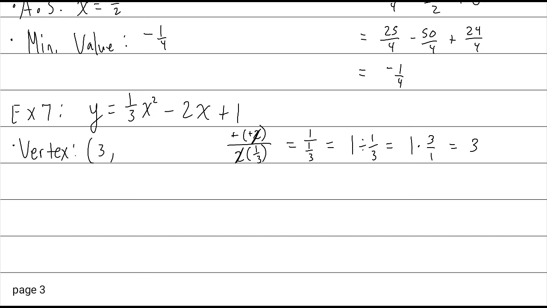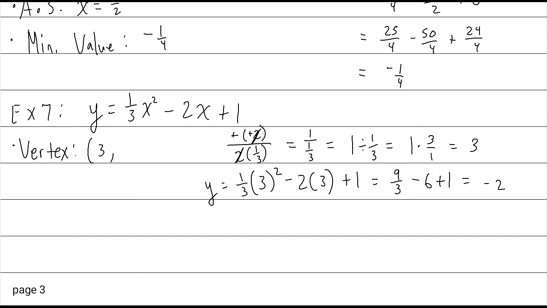To find the y value of the vertex, let's plug in 3. Okay, 3 squared is 9, so that's 9 over 3. That's going to be 3, minus 6 plus 1. 3 minus 6 is negative 3, plus 1 is negative 2.